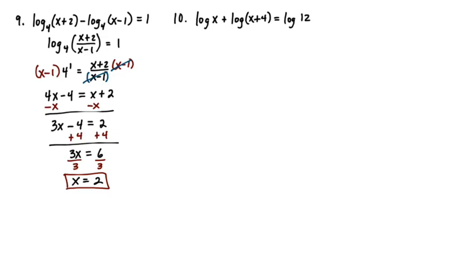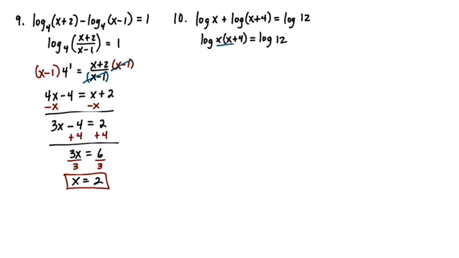So let's go ahead and use the product rule to simplify the left side. We'll get the log of x times (x plus 4), base 10, equals the log of 12.